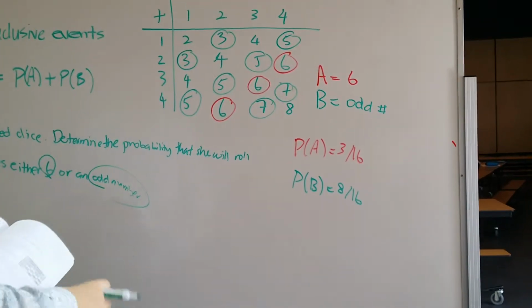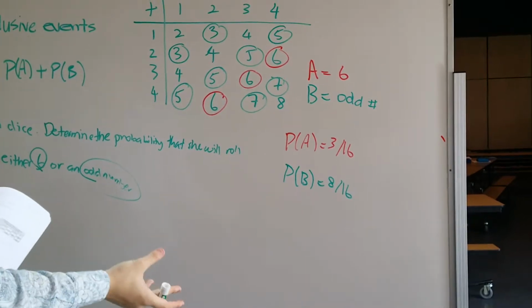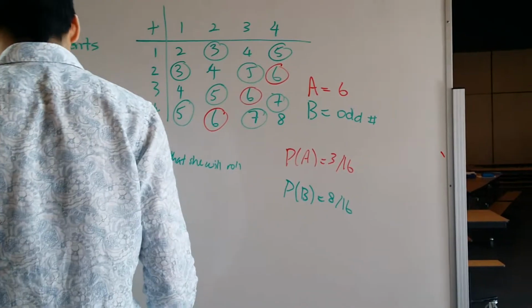Step number 4 is basically just calculate the probability using the formula.